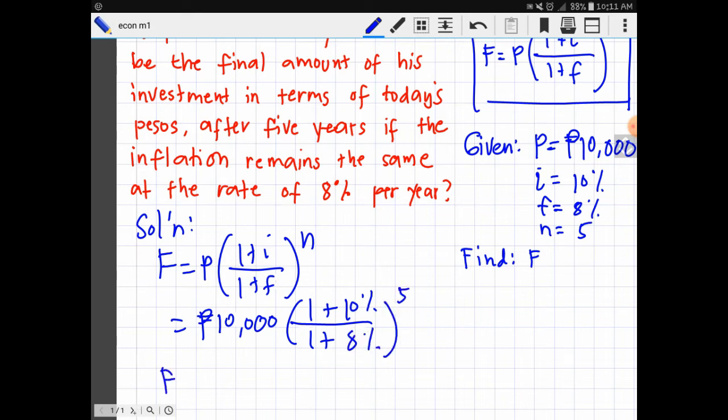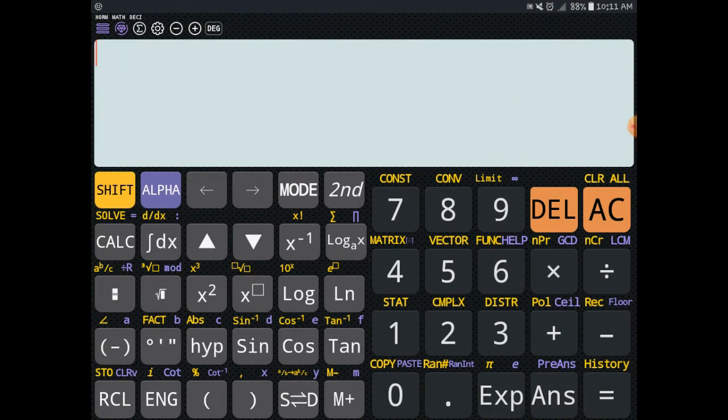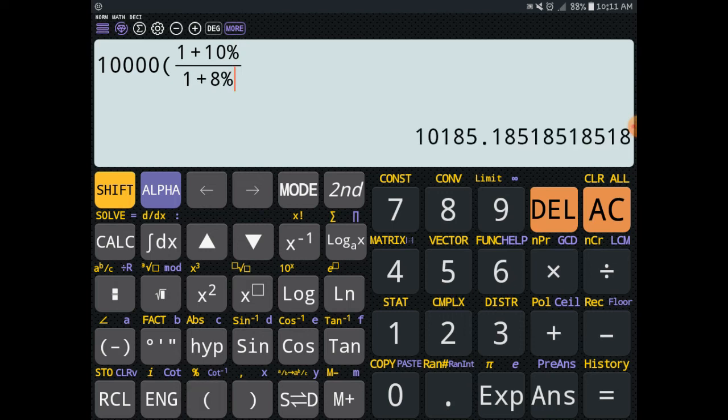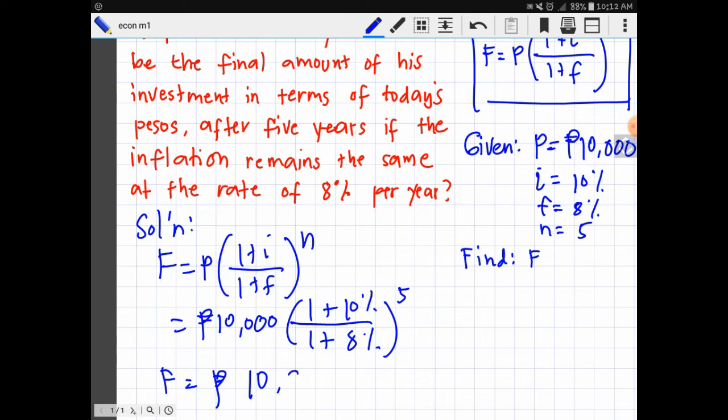Then we will get the value of F. That would be 10,000 multiplied by 1 plus 10% over 1 plus 8%, then raised to 5. And our answer here is 10,960.86 pesos.